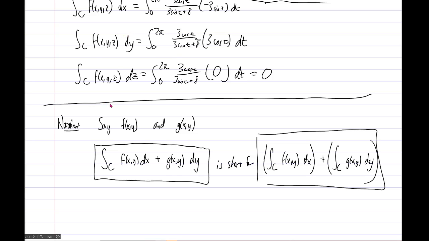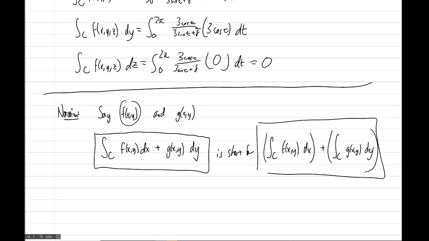I should also comment that in addition to whatever function you have, f of x comma y or g of x comma y, you'll also see an even more lazy shorthand notation where the x comma y in parentheses is left out. So you might just have f dx plus g dy, just like that. But it's understood from context that this would still be the function that's here. Don't read this any differently.